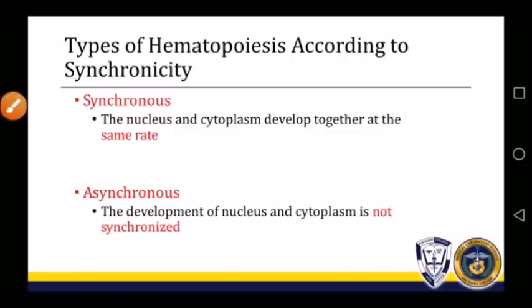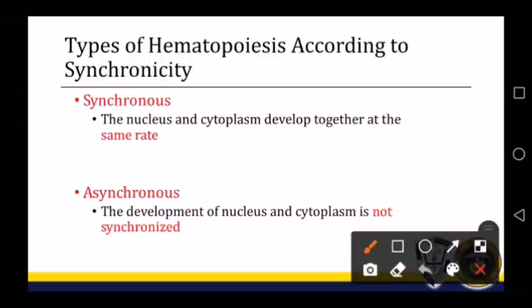One example of a disease that causes asynchronous hematopoiesis is iron deficiency anemia. In iron deficiency anemia, the cytoplasm of the RBC is delayed in maturation. Just a vague idea as to why cytoplasmic maturation of RBCs is delayed in IDA patients: in iron deficiency anemia, of course, iron is deficient.